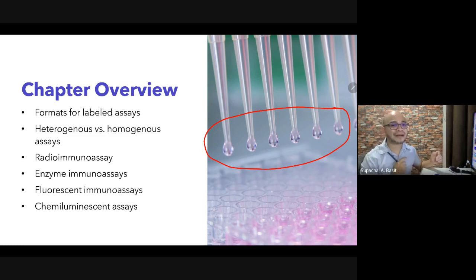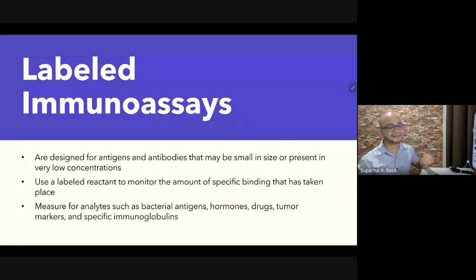But nonetheless, for this lecture, I will be discussing the formats for labeled assays and the difference between the heterogeneous and homogeneous assays, and then the radioimmunoassays, the enzyme immunoassays, the fluorescent immunoassays, and the chemiluminescent assays. Labeled immunoassays are designed for antigens and antibodies that may be small in size or present in a very low concentration.